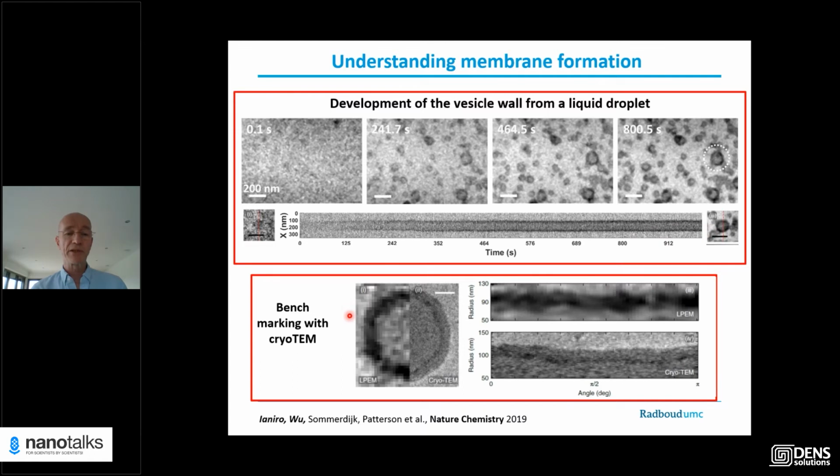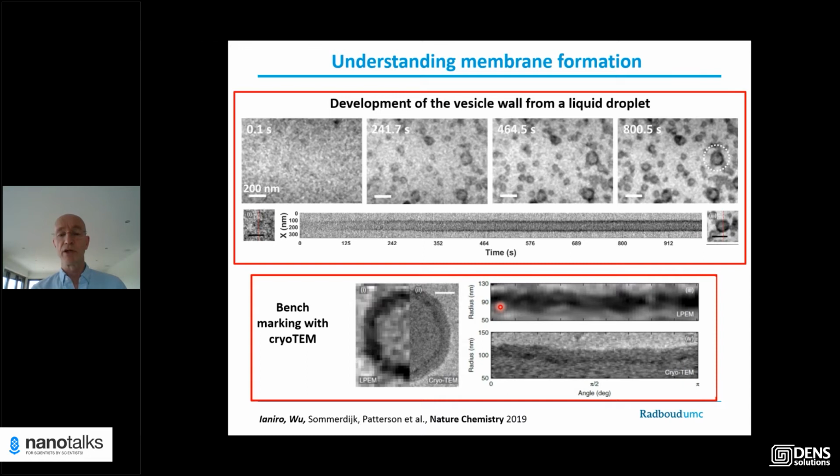We can compare with cryo-electron microscopy and see that in cryo-TEM we indeed see the same type of vesicles, showing that the vesicle formation process is not affected by the continuous exposure to the electron beam.